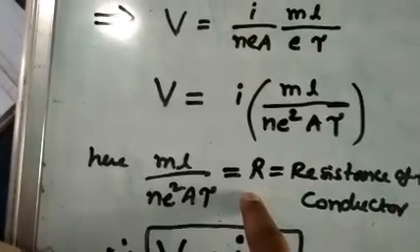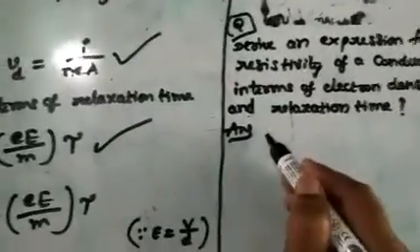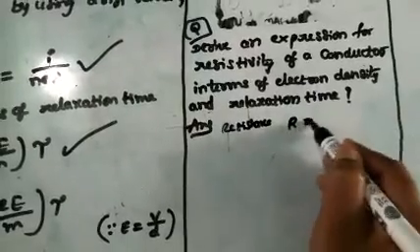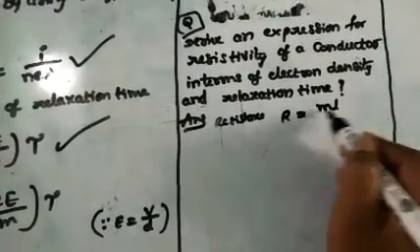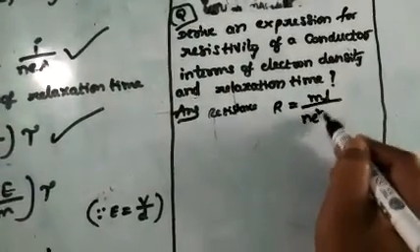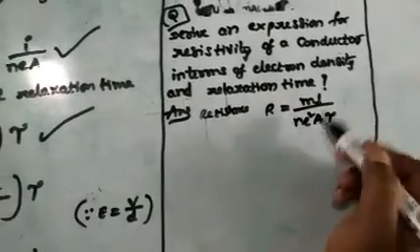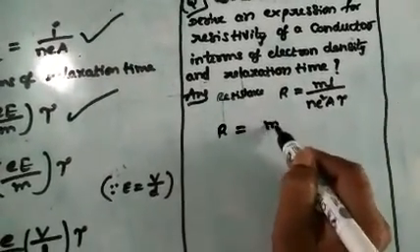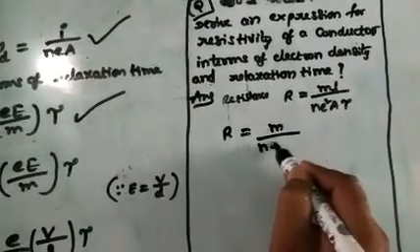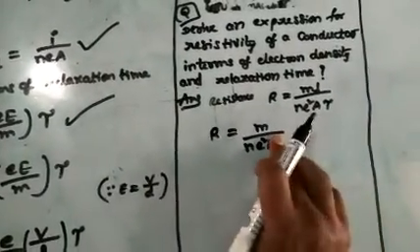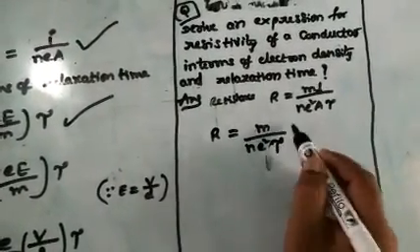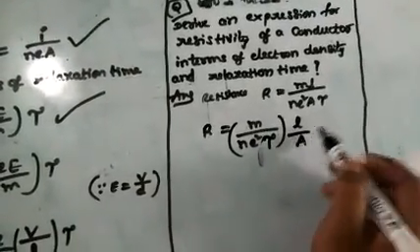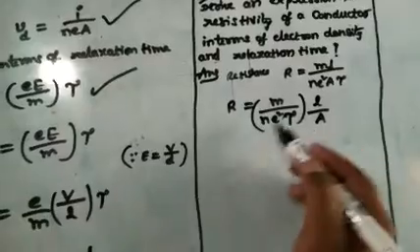Resistance R is equal to mL by ne squared A tau. I am modifying this: resistance R equal to m by ne squared tau, and this bracket is L by A.